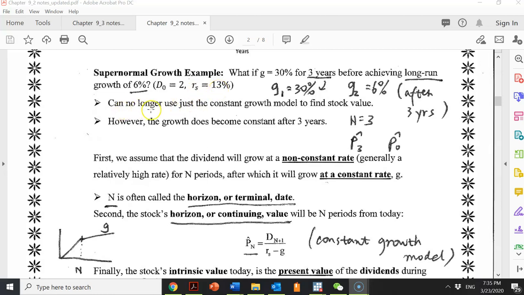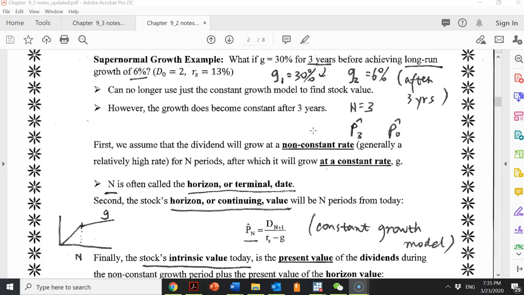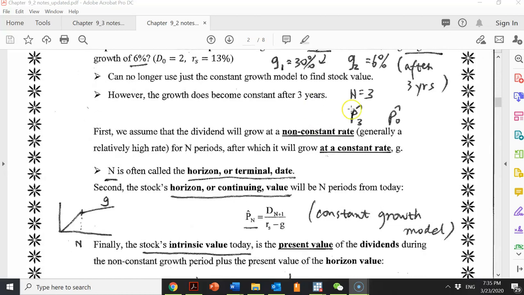Okay, in this case, we can no longer use just the constant growth model to find stock value. Constant growth model only applies to the second stage. However, the growth does become constant after 3 years. So the dividing date is 3, n equals to 3.